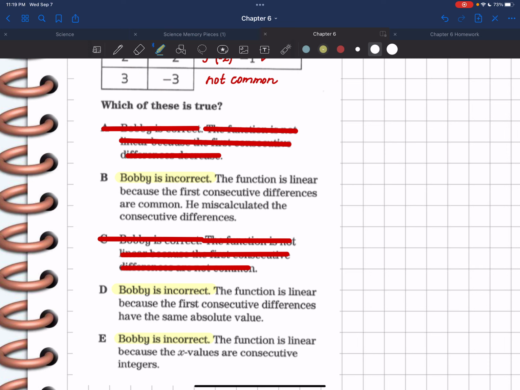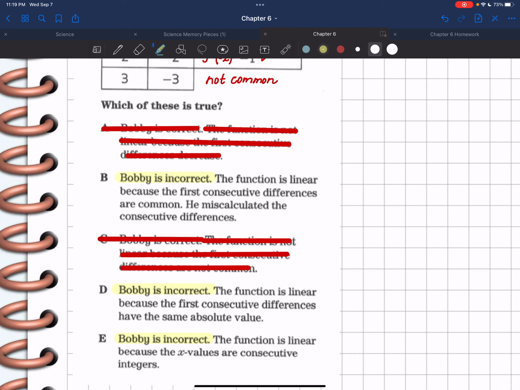B says the function is linear because the first consecutive differences are common. He miscalculated the consecutive differences. The function is linear because the first consecutive differences have the same absolute value. The function is linear because the x values are consecutive integers.